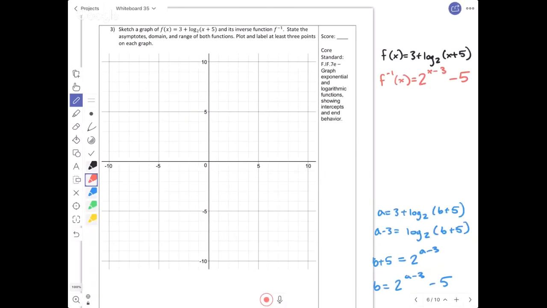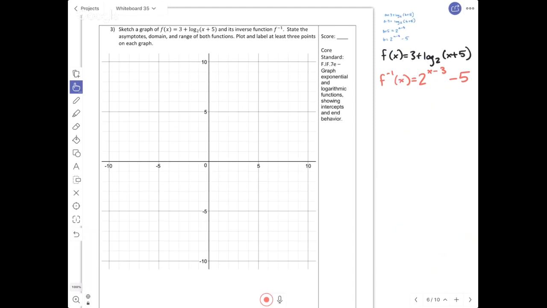Cool. Now I'm going to use the inverse function to help me make an XY table. So this is my table for x and f of x. But I'm going to fill in this table using that function.